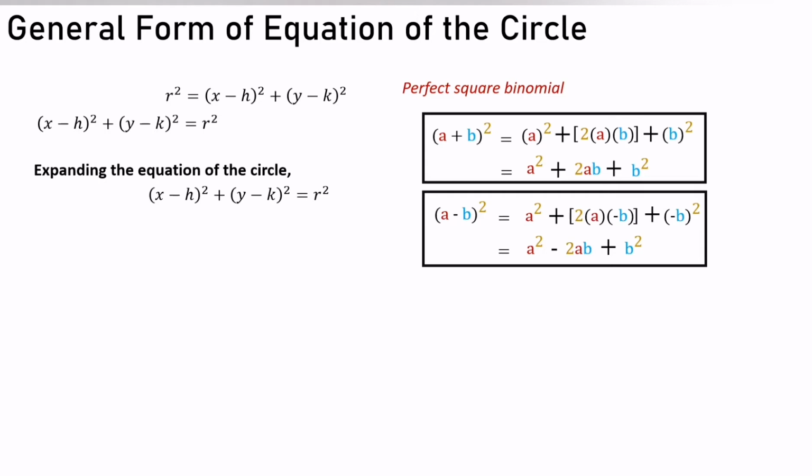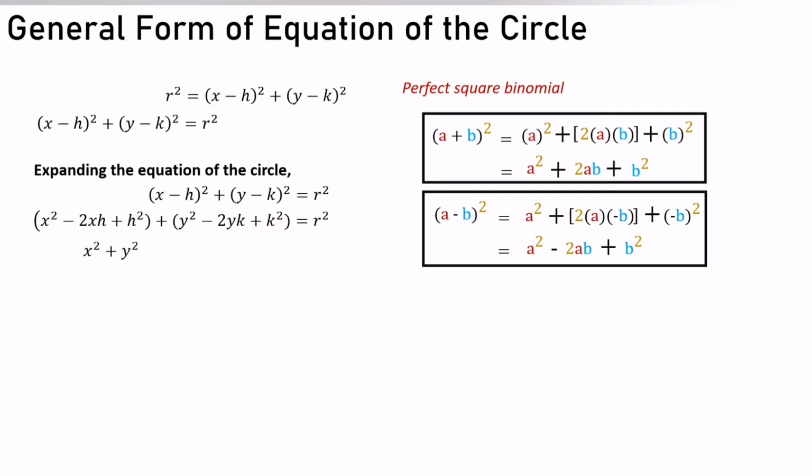In this case, we have x squared minus 2xh plus h squared plus y squared minus 2yk plus k squared equals r squared.